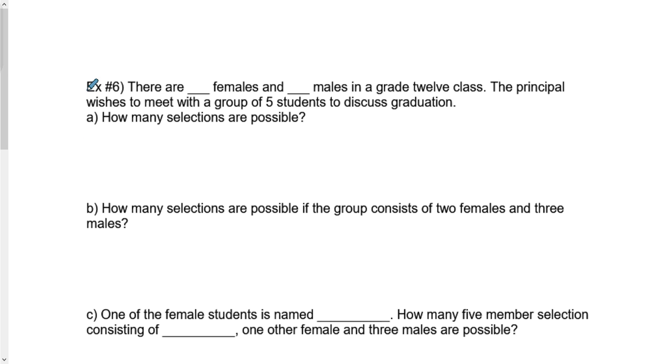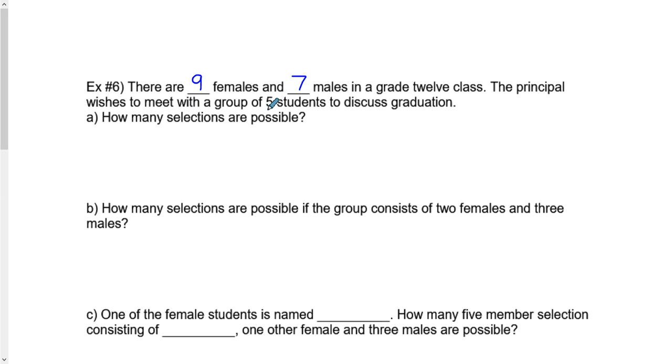So overall, I usually do this one as a class, and we have all the information. But let's do some hypotheticals. Say that we have 9 females and 7 males in your grade 12 class.